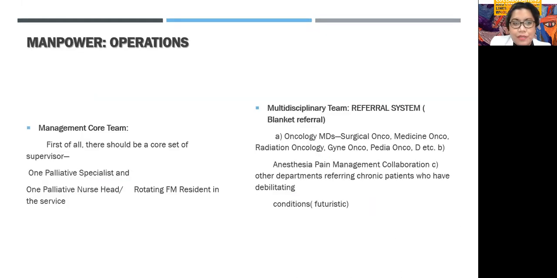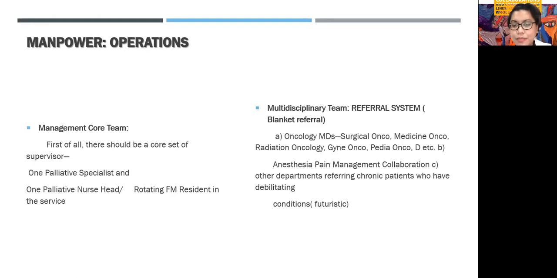Okay? So in the Medical Center, the management core team would have a core set of supervisors: a palliative specialist and one palliative nurse head or rotating FM resident in the service.